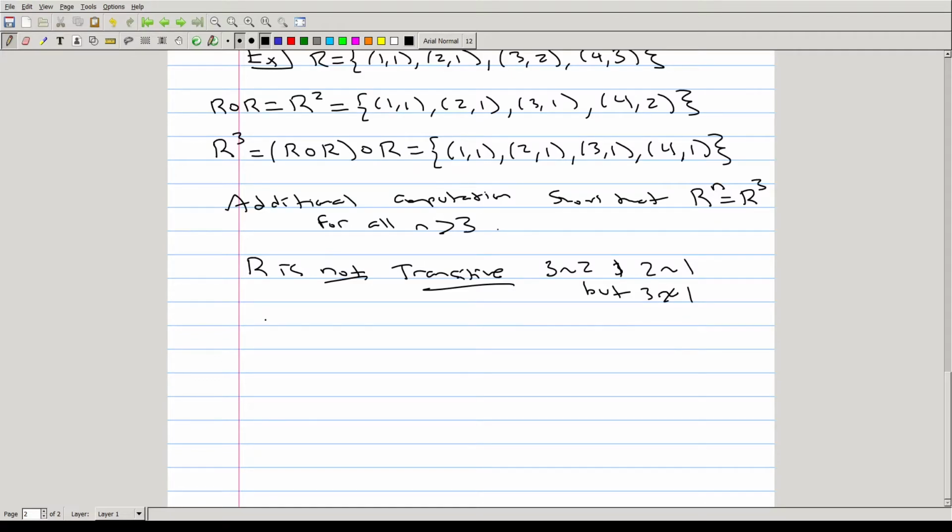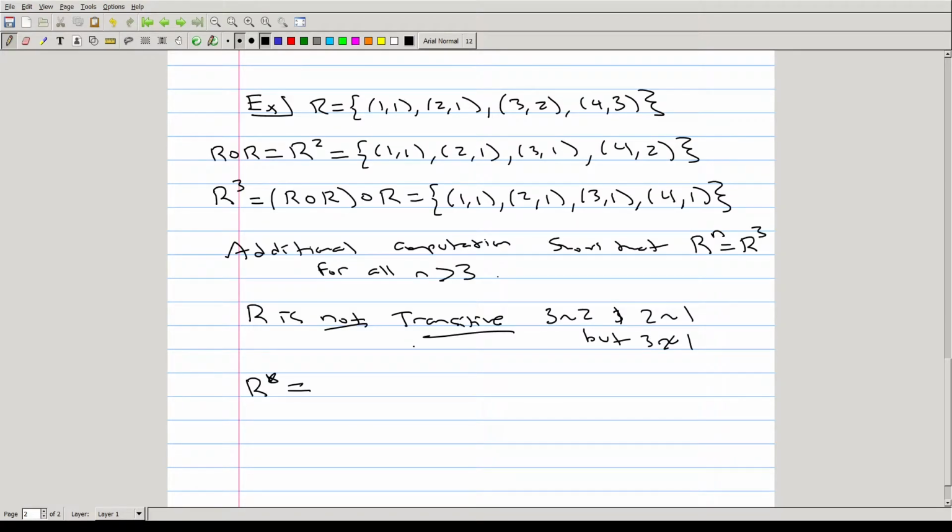However, we can form a new set, R star, which is the union of R with R squared and R cubed.